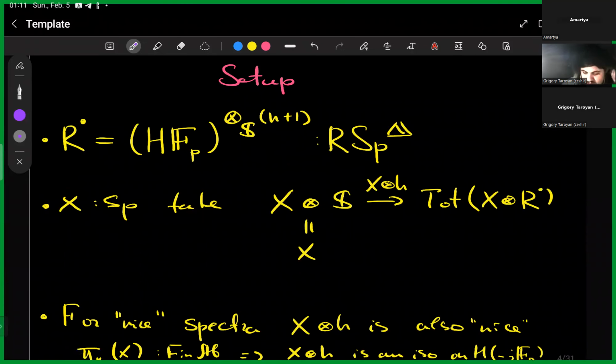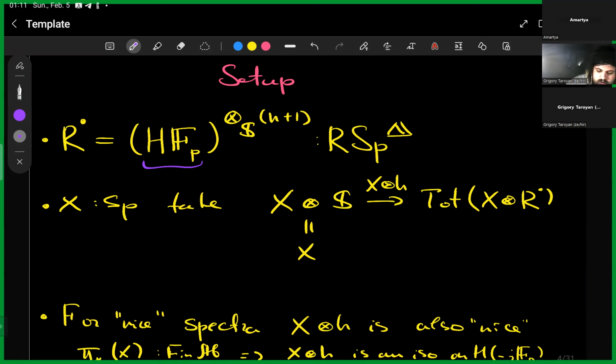And so concretely, this is done using the following construction. We take a co-simplicial ring spectrum, which is constructed this way. We take an iterated tensor product of the Eilenberg-MacLane spectrum with itself over the sphere spectrum, and we obtain a co-simplicial object, where the co-simplicial structure is induced by the multiplication.